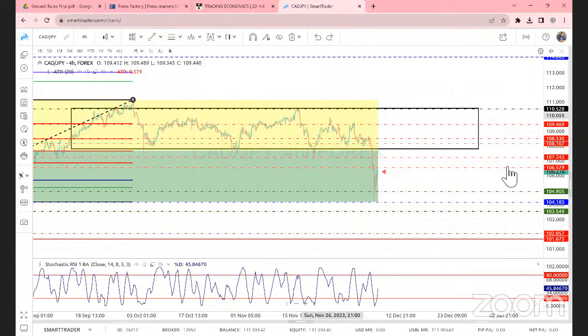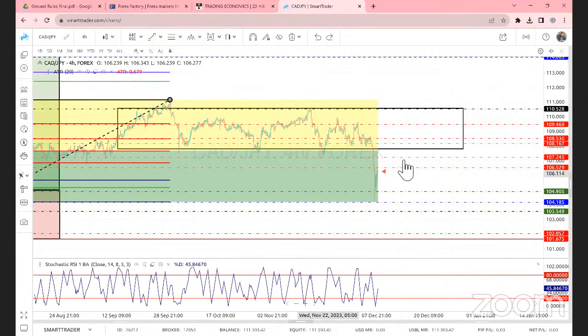All right, that's the CAD yen. Things can be crazy after those huge moves like that. For the days that follow, it could be a little bit wild. So let's see what happens. All right, what other pairs do we have? It's light out here today.